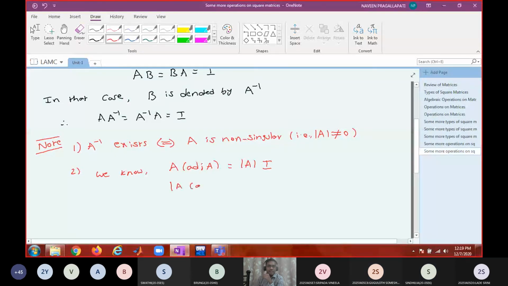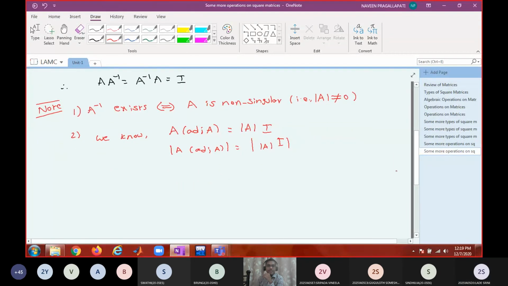Determinant of A into adjoint A equal to determinant of det A into I. Now this is det A into det adjoint A equal to det A whole power n into det I, which is 1.